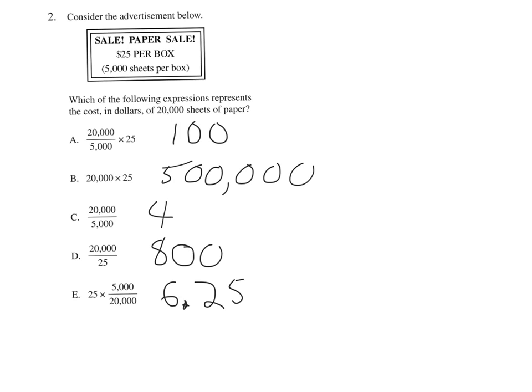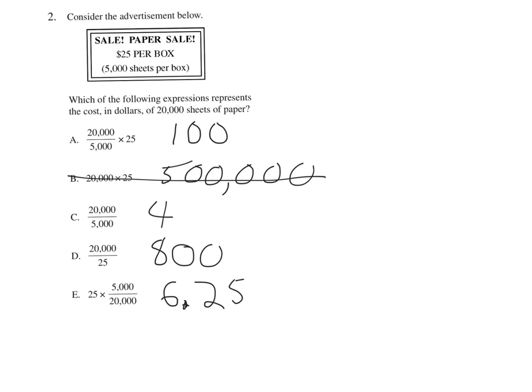So we see that A works out to be $100. It's $25 for one box. We need 20,000 sheets and not just 5,000. This seems reasonable. $500,000 seems like an awful lot of money for 20,000 sheets of paper. So that doesn't make any sense.